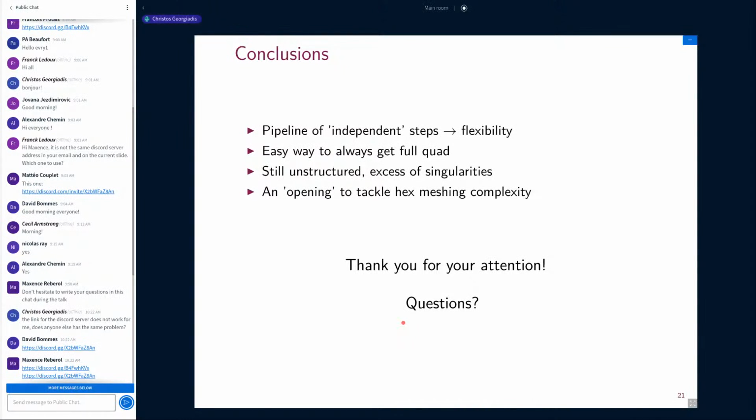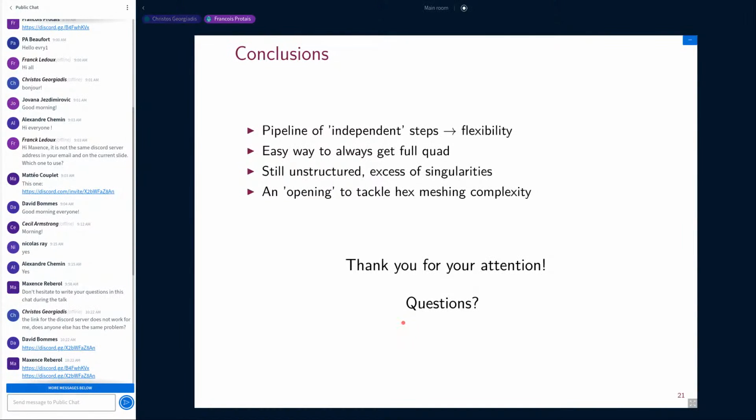The only thing is, in very complicated models with a lot of size features, you may encounter some small things like doublets that can be easily fixed, or flat quads on the boundary where you cannot move the boundary node, but still you can push this kind of singularity inside the domain. So yeah, in general, it's good quality.